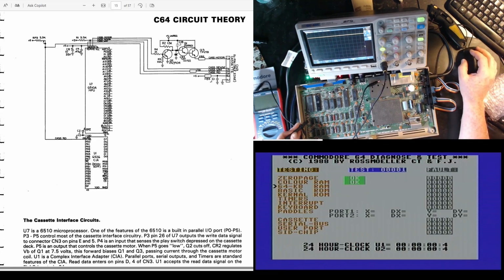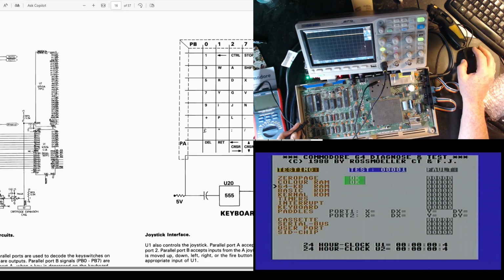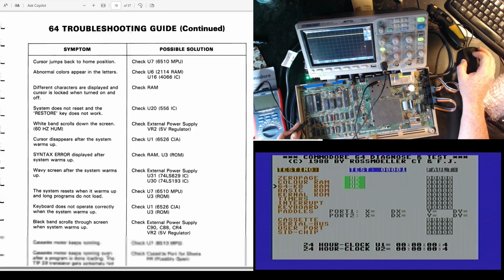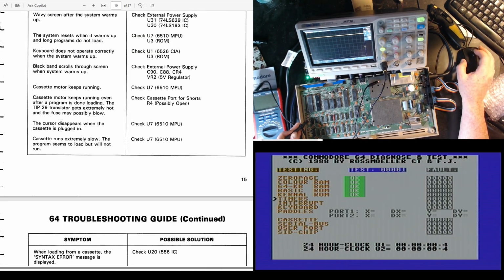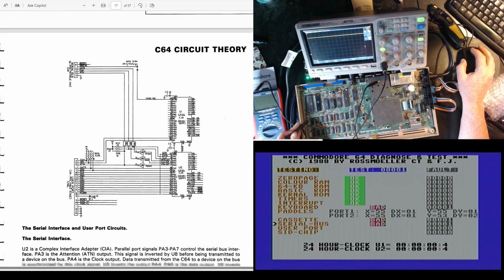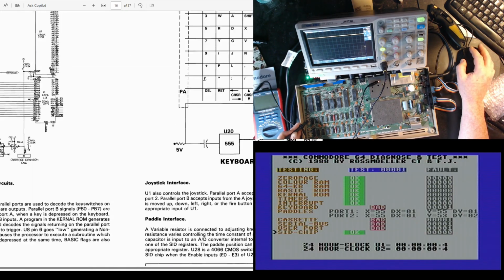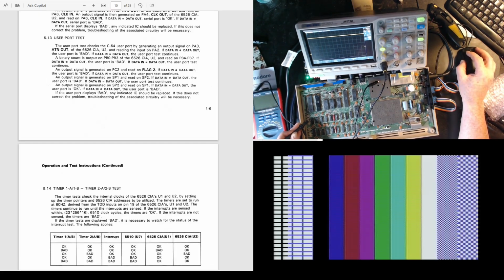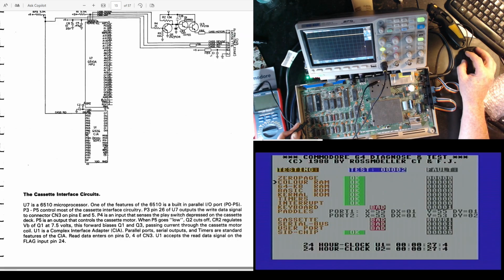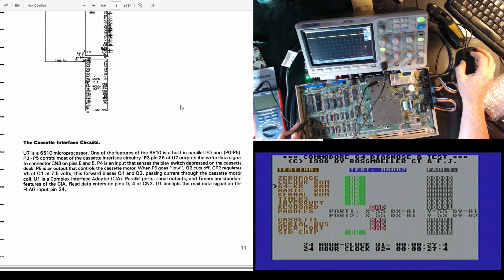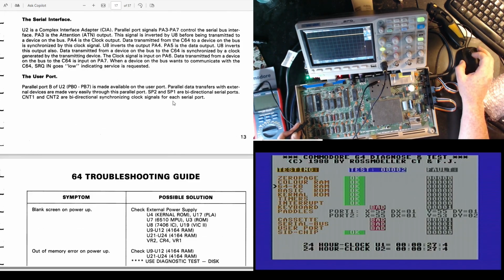Got a circuit, where's it gone? Oops, not this page. Where was I? Serial interface, not serial interface, cassette interface. So, let's go back onto this one here. Page 11 there. I'll go back to page 11.